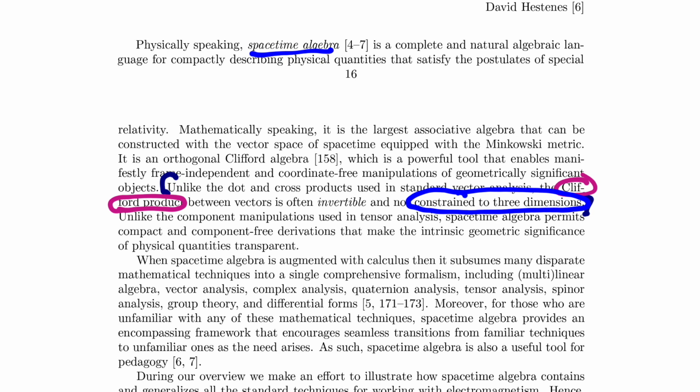And this is not true of the mathematics we have learned for electromagnetism, right? This notion in particular of the cross product. The cross product cannot be defined except in 3 dimensions.